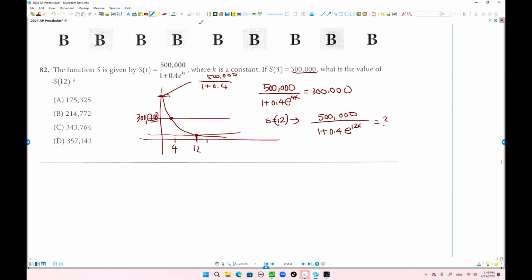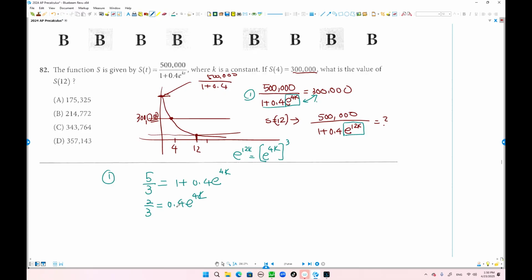If we find the value of e to the 4k, we can find e to the 12k, because e to the 12k equals e to the 4k cubed. From the first equation, 500,000 over 300,000 is 5 over 3 on the left, and on the other side, 1 plus 0.4 e to the 4k. Minus 1 on both sides gives 2/3 equals 0.4 e to the 4k.